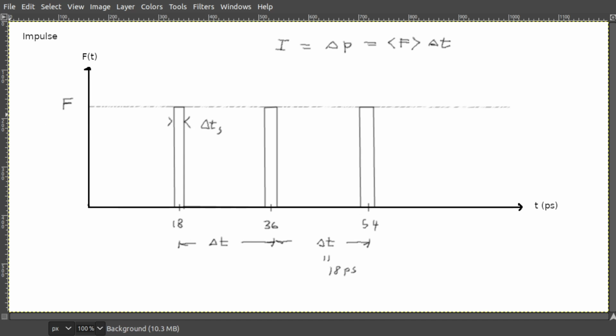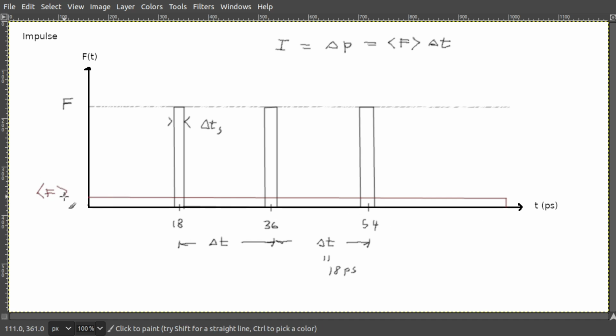So what we want to consider then is the force that, if it was exerted over this longer time, would bring the same impulse, the same change in momentum. So there'd be some force, if we just kept it on all the time, it would exert, and here it's a constant force, right?